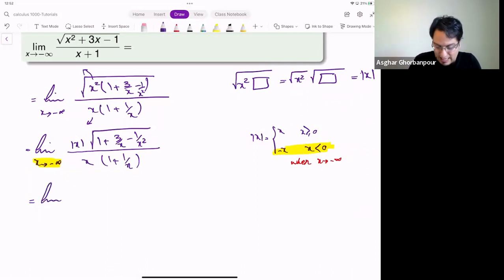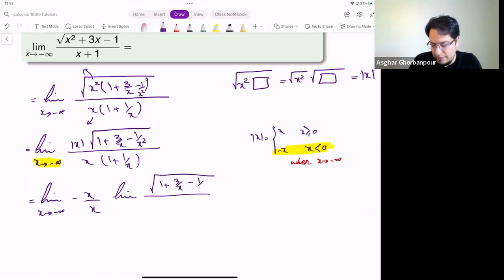So that means that I have minus x over x, and I can separate these two parts now. I'm doing part of the limit laws at the same time here, as x goes to negative infinity. Before I apply the limit laws, I can simplify this.